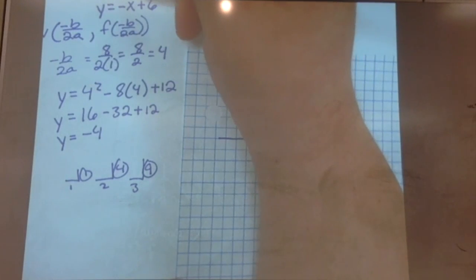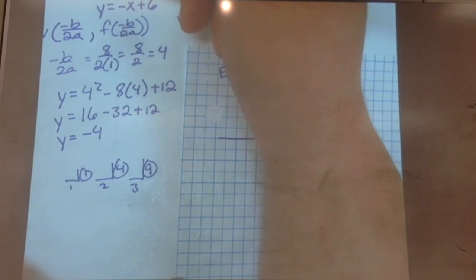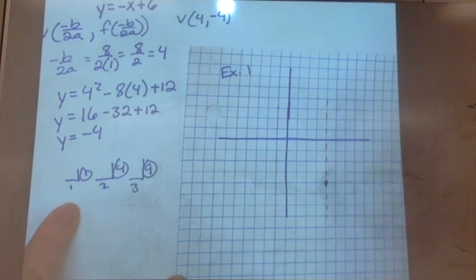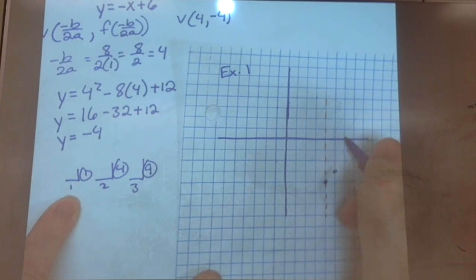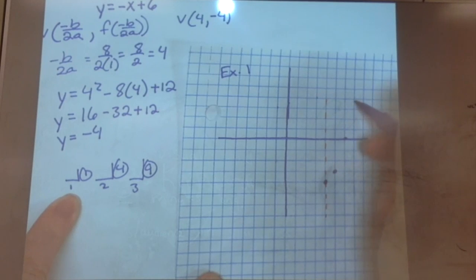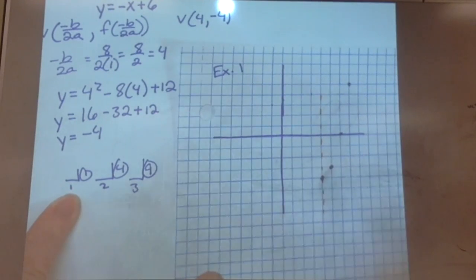Here, it's a 1. It's invisible, but it's a 1. So it's going to stay the same. So from my vertex, I'm going to go right 1, up 1, right 2, up 4, and if I can, right 3, up 9. If I could go right 4, up 16, but I don't think that's going to fit on my graph.